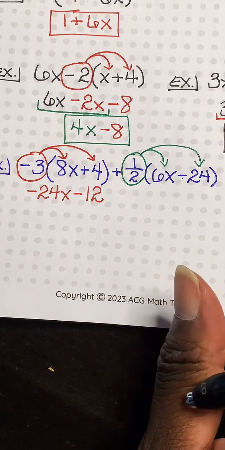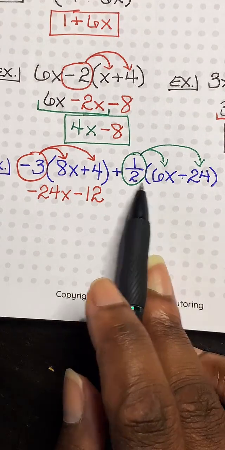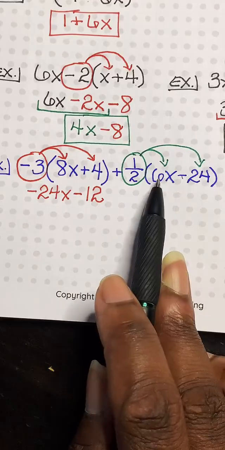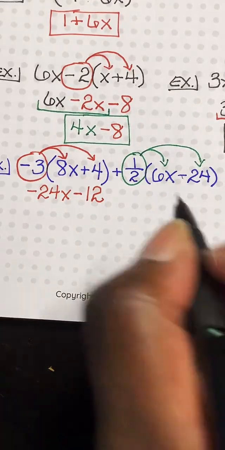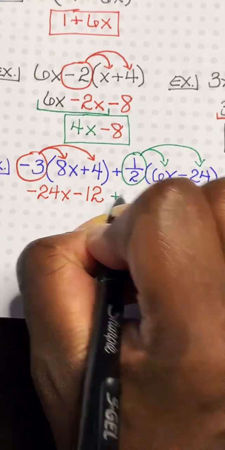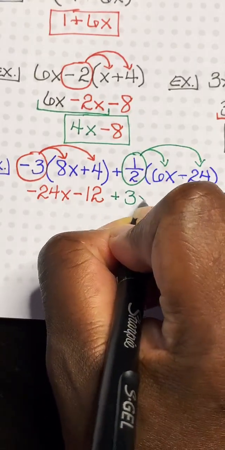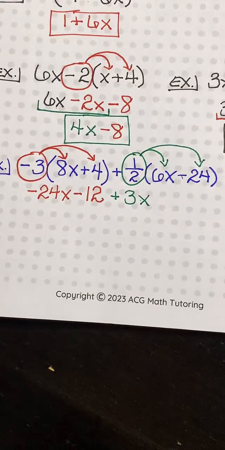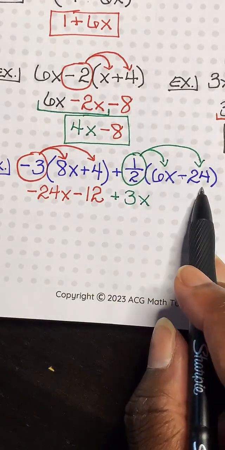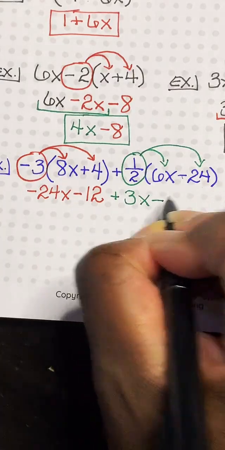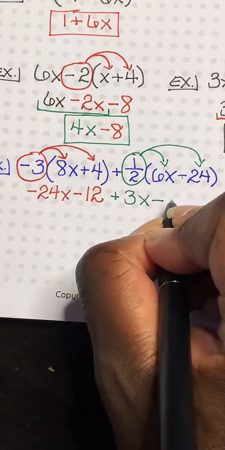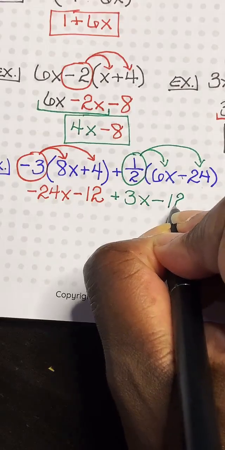You should not even be whipping out a calculator, especially if the denominator is even and you are multiplying with an even whole number. So half of 6, that gives me a positive 3x. Half of negative 24, we have a positive times a negative, that gives me negative. And half of 24 is also 12.